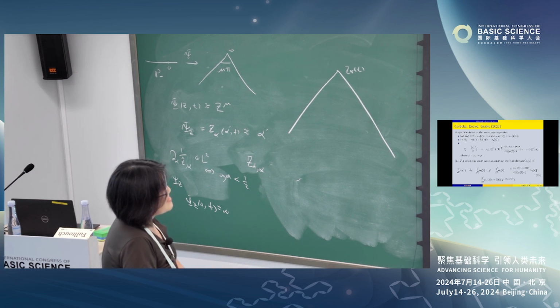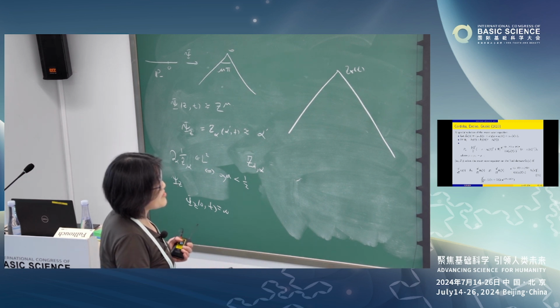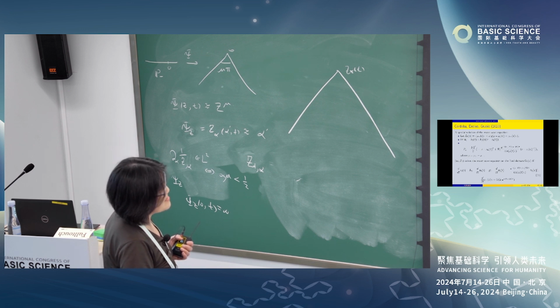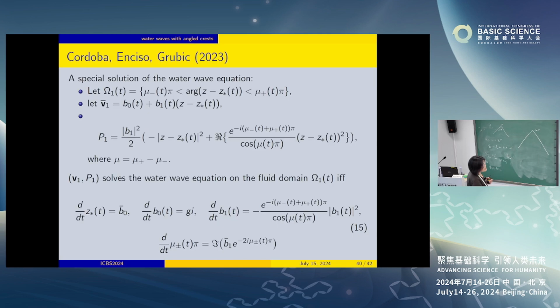The velocity is a linear function, and the pressure you just take this way. So this is B1, the same as this; this is quadratic, and this is the real part of this thing, and you can compute with this formula. In fact, V1, P1 solve the water wave equation on the fluid domain if and only if the parameters involved satisfy this linear ODE.